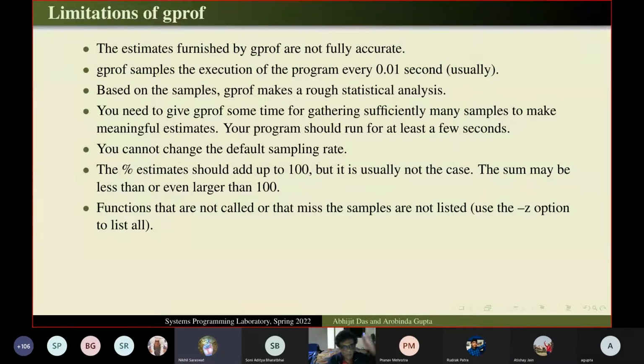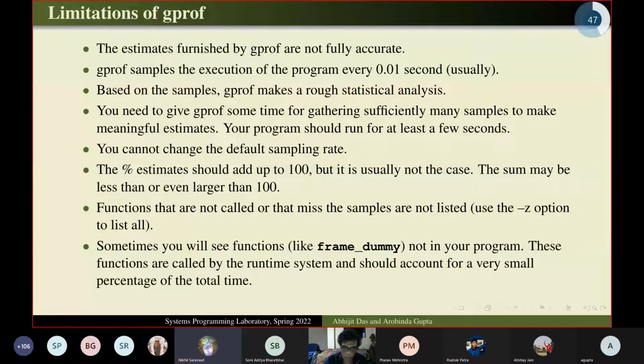So functions that are not called or that miss the samples are not listed. However, you can run with the -z option to list all functions. And this is another thing: you should always stay prepared to see some functions like frame_dummy, which you didn't write. From where did this function appear?